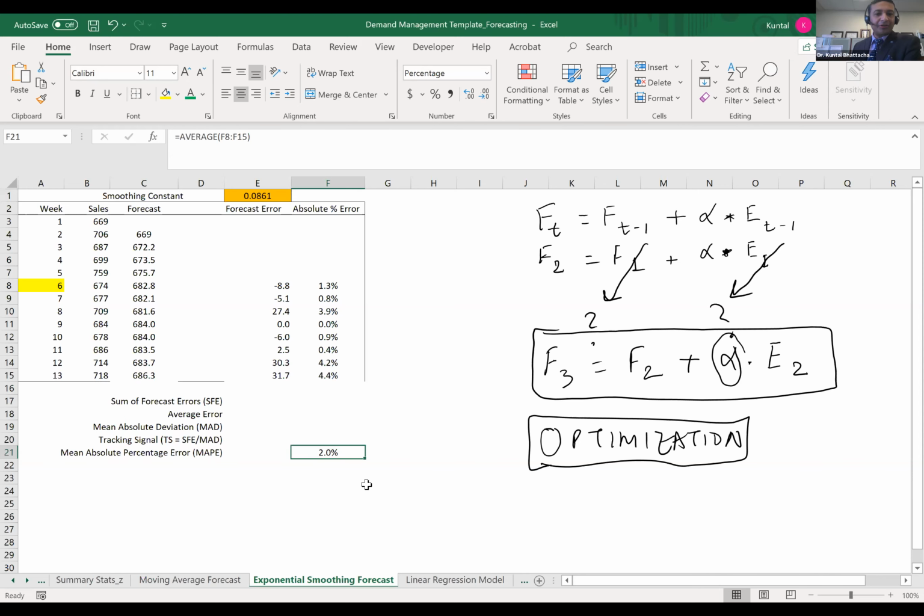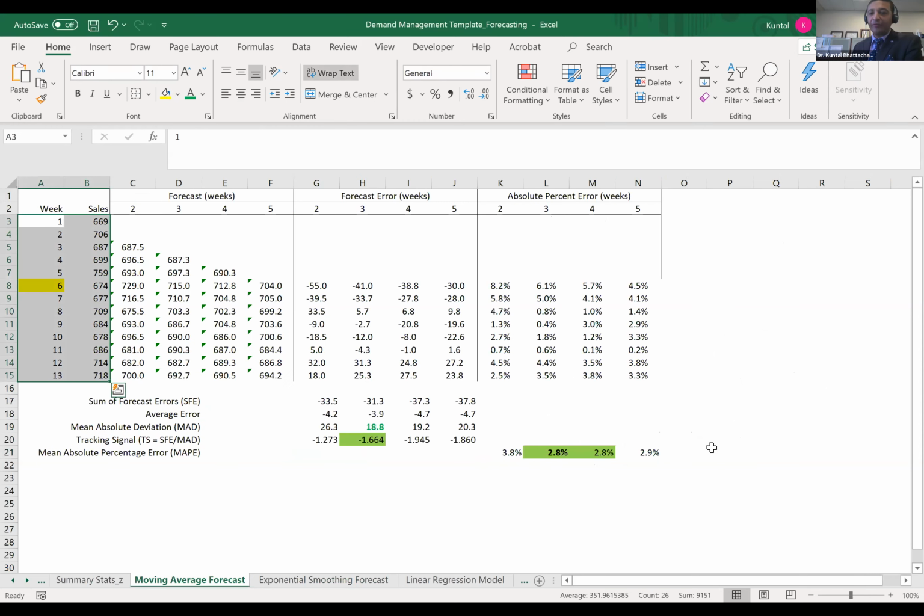My mean absolute percentage error suddenly got reduced to 2.0%, which is actually better than all the previous moving average values that we were looking at.